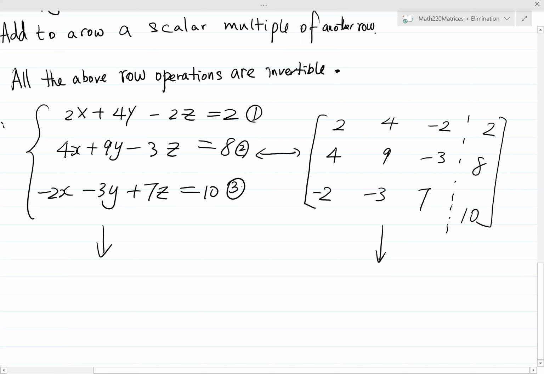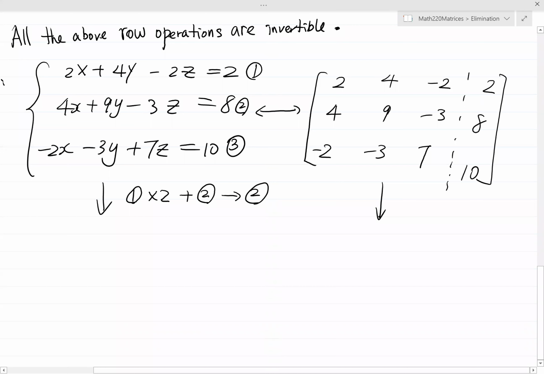Well, we can multiply equation 1 by negative 2 and then add to equation 2, and replace equation 2. Also, we add equation 1 to equation 3, and replace equation 3.